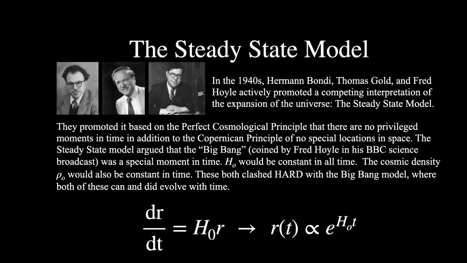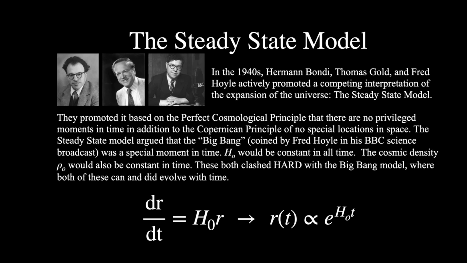This physics gives us the extremely simple differential equation that you see, dr/dt equals H naught r, which can be easily integrated to give the distance, r as a function of cosmic time. r of t is proportional to the exponential of the Hubble constant times some cosmic time t.